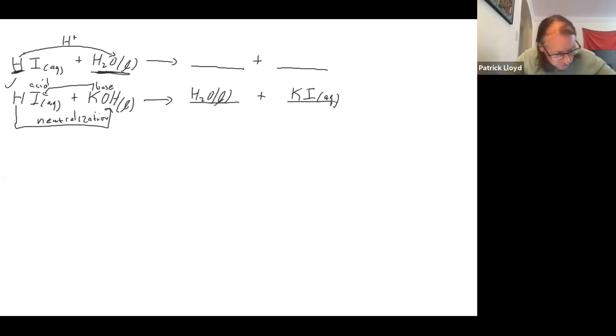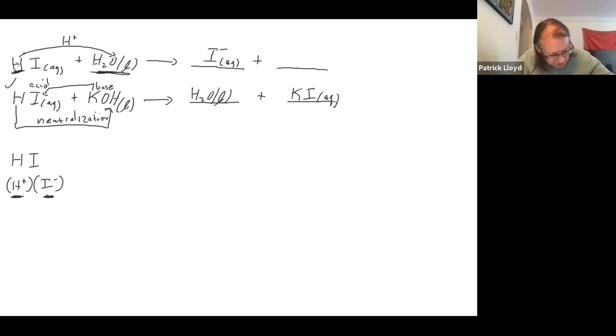Now, if we come back to what we talked about yesterday, even though acids are considered molecular compounds, in a sense, they have something in common with the ionic compounds. They act in a way as if they have two separate ions there. So if the H plus is going on to the water, what you're left behind is the I minus. Okay, so you're just going to have I minus. And then the H plus is going to get added to the water.